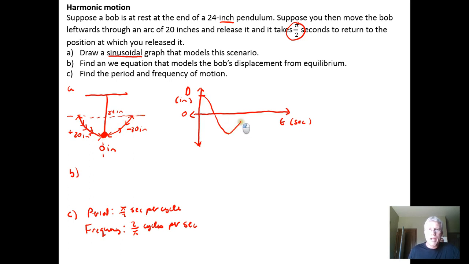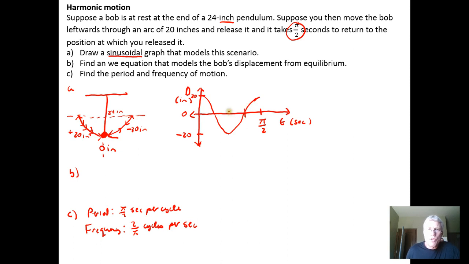We'll move back to our equilibrium as we come back the other direction, and we'll wind up back where we started at our original displacement position, and that happens in pi over 2 seconds. So labeling things in, this is 20 inches to the left of equilibrium, 20-inch arc to the right of equilibrium, happening in pi over 2 seconds.